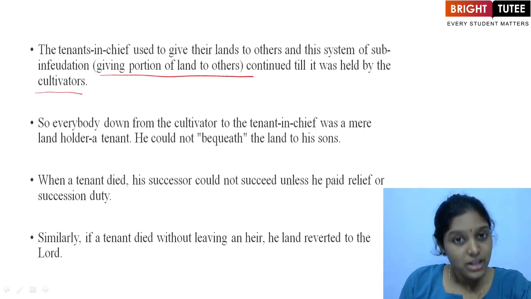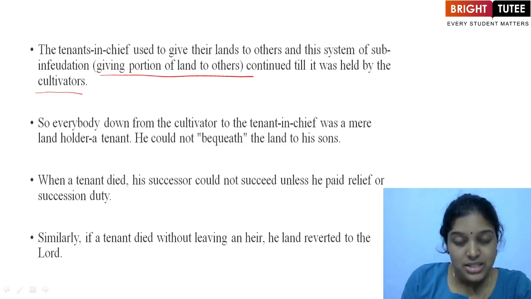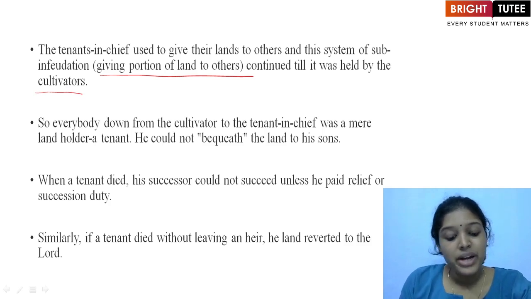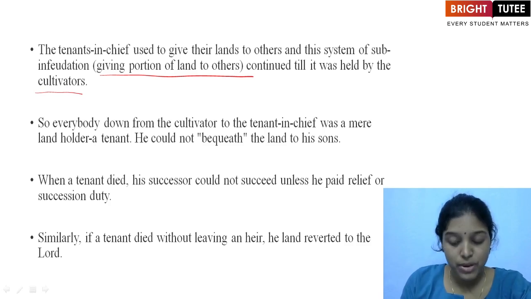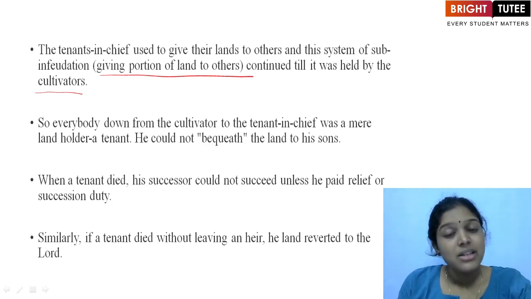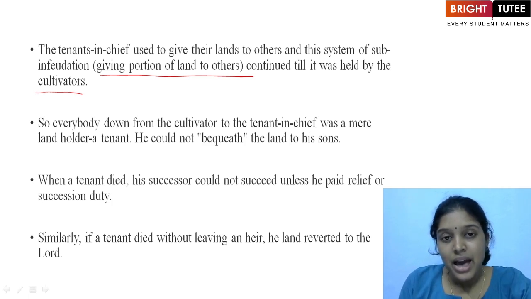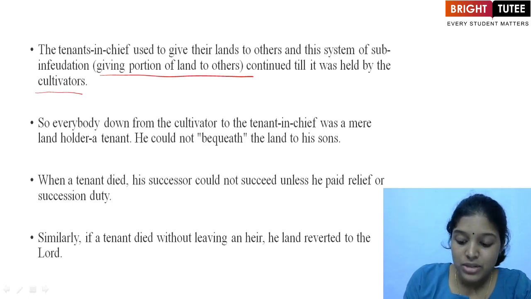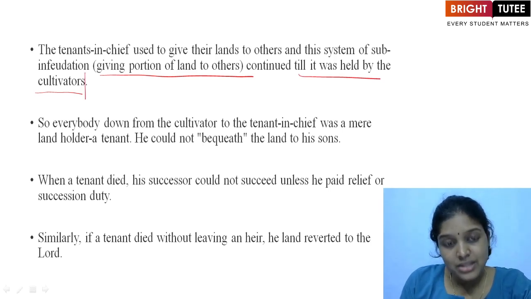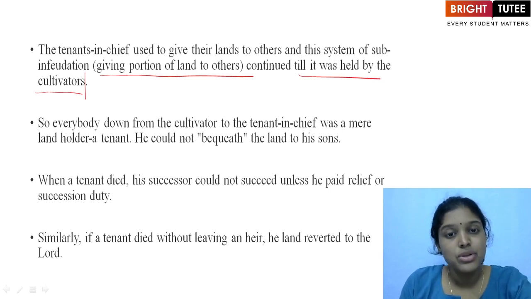So another important feature is that tenants in chief subdivided or gave a portion of the land which they received from the king to others, and they then subdivided it among another section of people, till it was held by the cultivators. So the cultivators were the last section to whom this land was handed over.